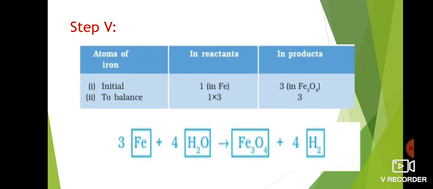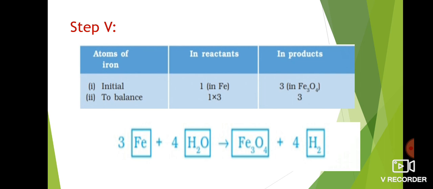Next, step 5. The last element is iron. Observe these tables. Same as how we balanced oxygen and hydrogen, we should balance the iron atom also. The atoms of iron initially in the reactant side are only 1, in the product side 3, meaning Fe3.